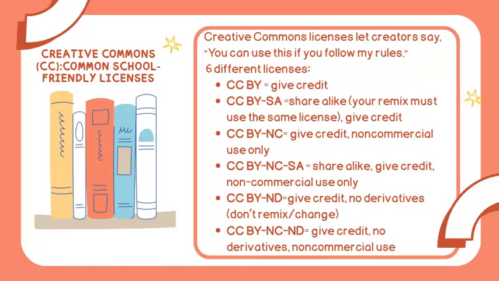CC BY NC SA would be share alike, give credit, and non-commercial use. CC BY ND would be give credit, but no derivatives, so you wouldn't be able to remix it or change it. CC BY NC ND would be give credit, no derivatives, and no commercial use.